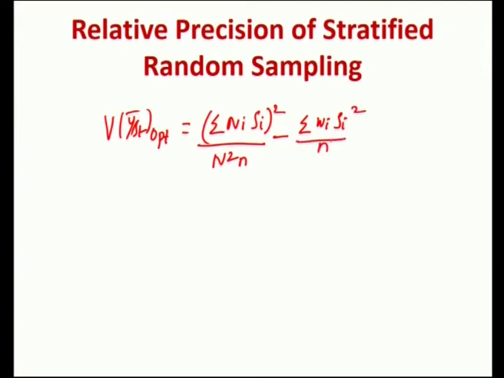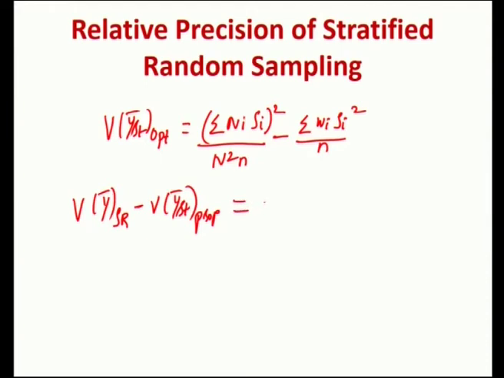Now, we will consider first the simple random sampling with proportional allocation. So, subtracting the one from the other, variance of y bar in simple random sampling minus variance of Yst bar in proportional allocation.